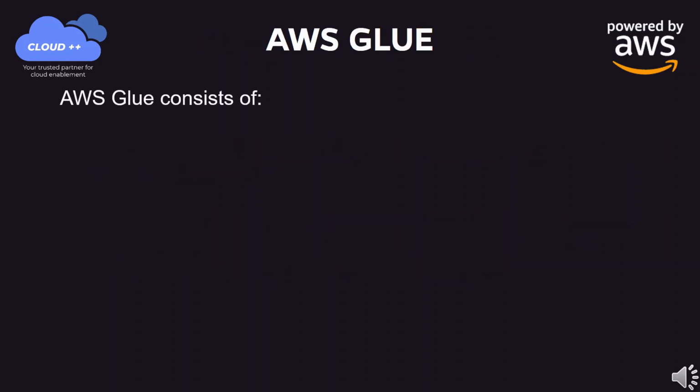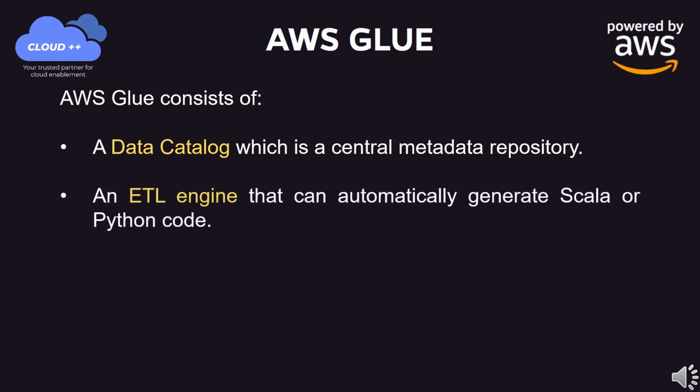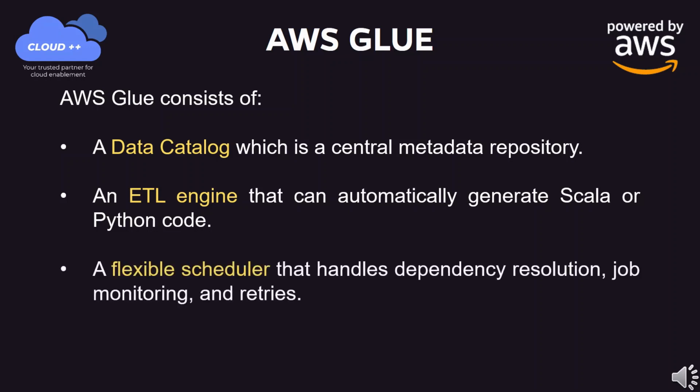AWS Glue consists of a data catalog, which is a central metadata repository, an ETL engine that can automatically generate Scala or Python code, and a flexible scheduler that handles dependency resolution, job monitoring, and retries.